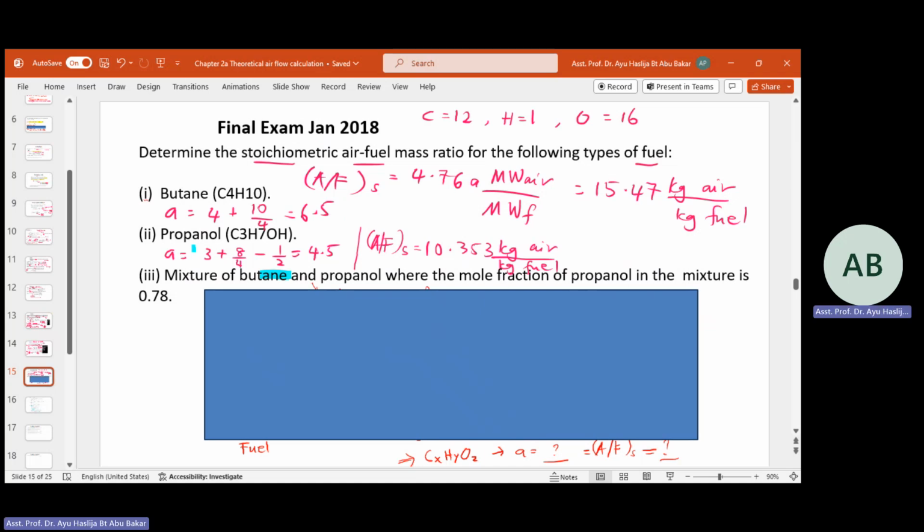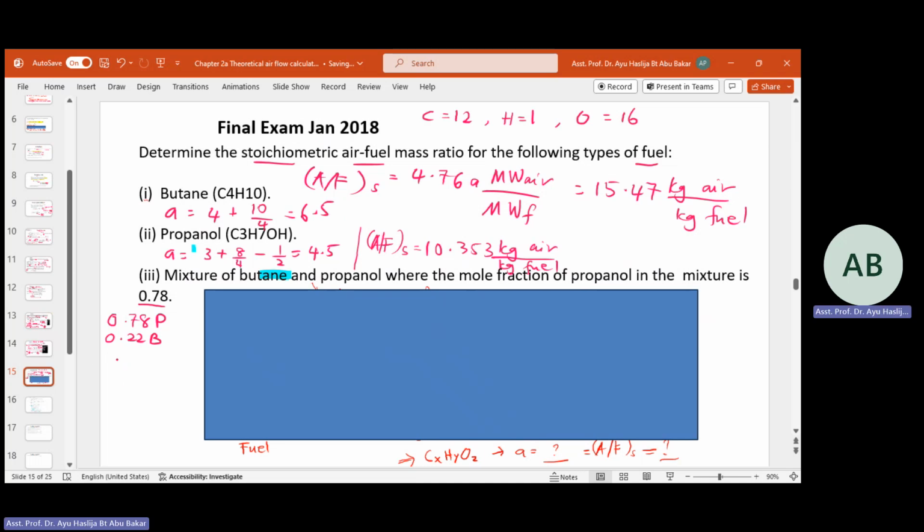So number 3 is a mixture of butane and propanol, where the mole fraction of propanol is 0.78. Propanol 0.78. So butane berapa? 0.22 butane.